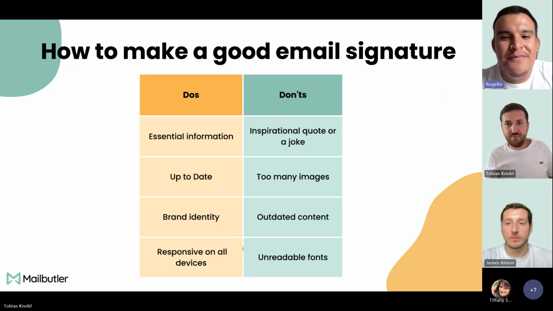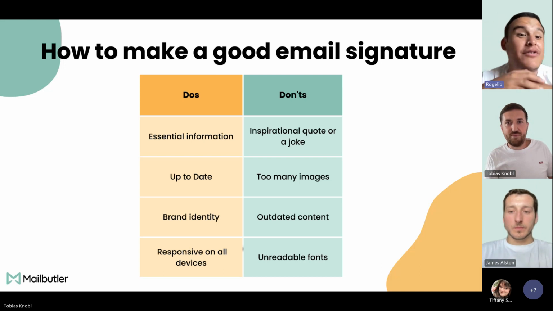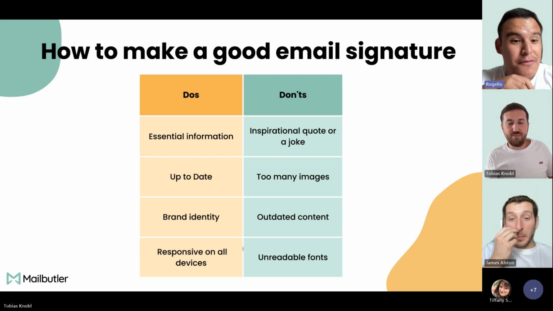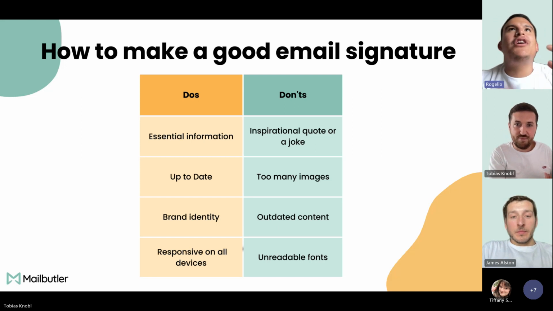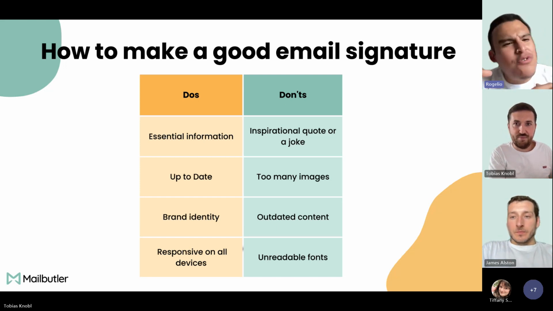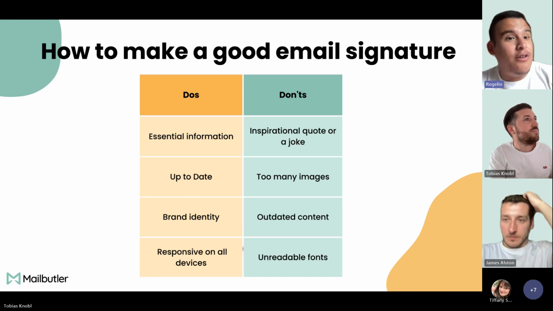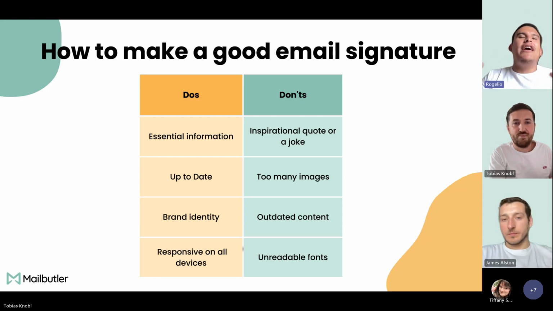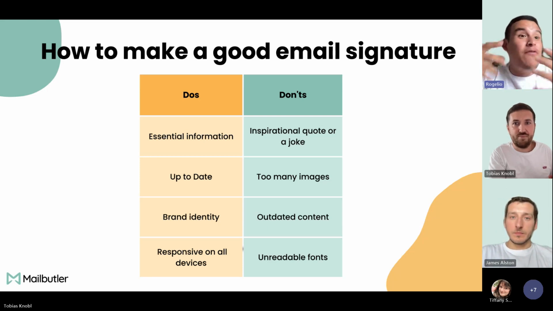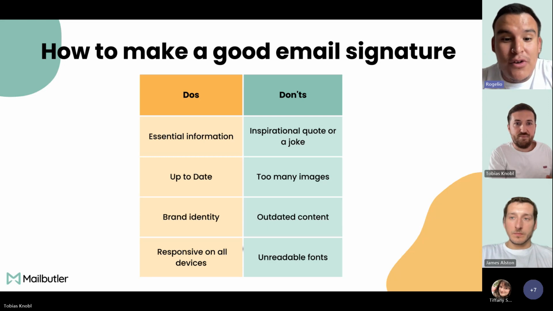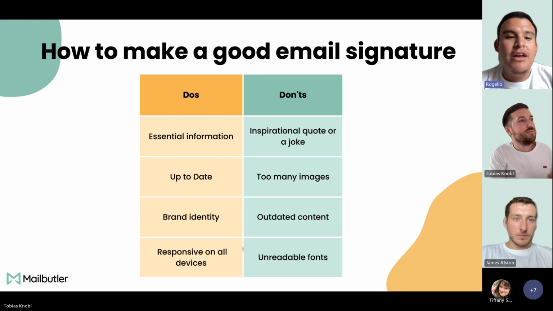Yes, exactly. So now that we saw all the capabilities of the Mailbutler signature feature, I wanted to give you a little bit of do's and don'ts of things you can include and not include in the signature in order to be more catchy, in order to be more perceptive to your recipient as well. First of all, it's very important to have essential information.